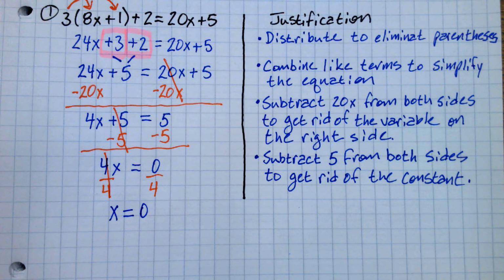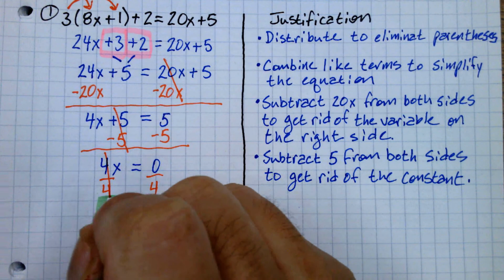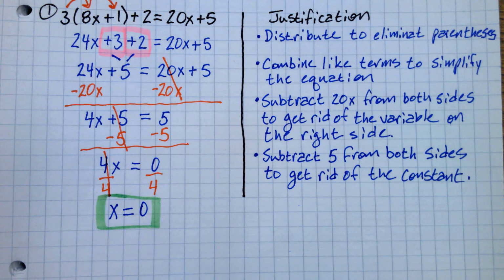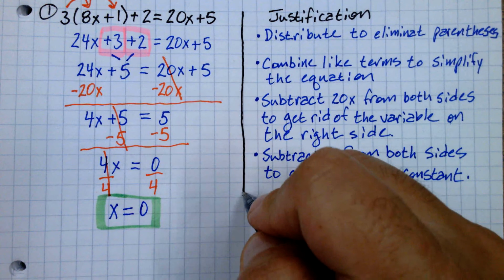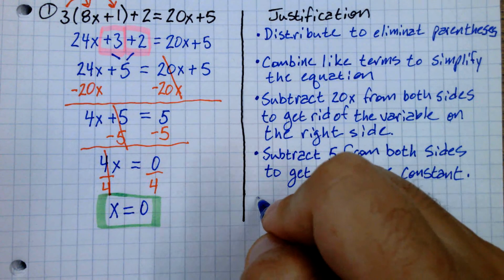I mean, it's a solution. Don't sell 0 short. It's a number on the number line. So if you get an answer of 0, it doesn't mean you didn't get an answer. Actually, tomorrow we're going to learn what it means when you don't get an answer. So in this case, we just got 0 as an answer, but let's justify it.